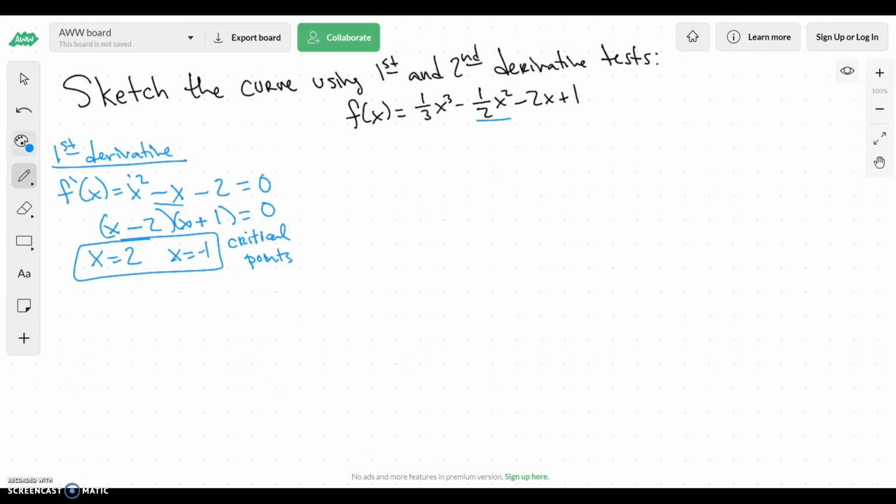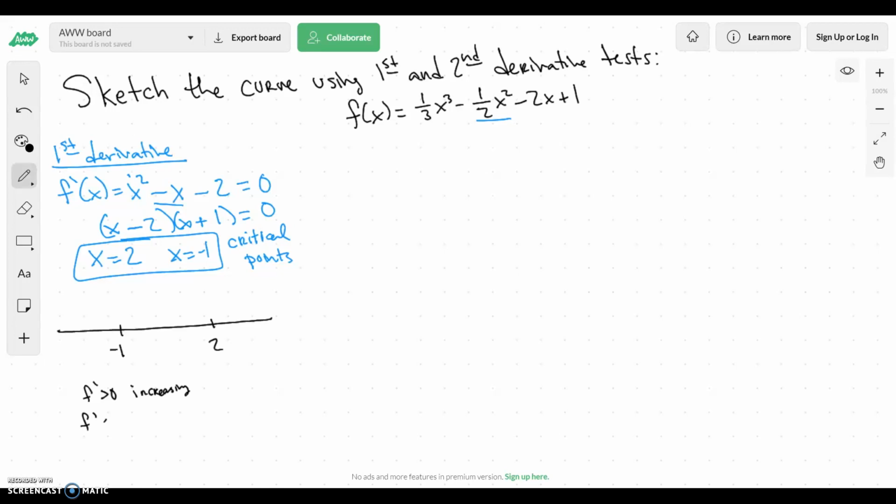Now I'm going to draw a number line to do the first derivative test. Here is going to be -1 and here is going to be 2. I'm going to plug numbers into the first derivative to see whether I'm going to have increasing or decreasing. Remember that if f prime is greater than 0, this is going to be increasing.